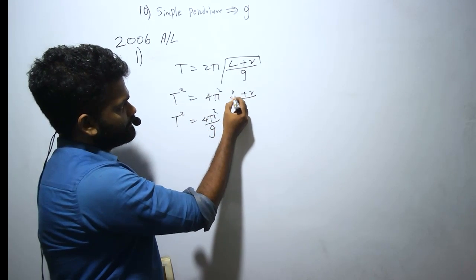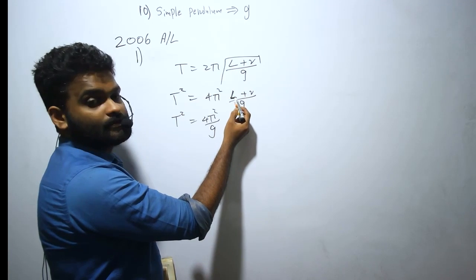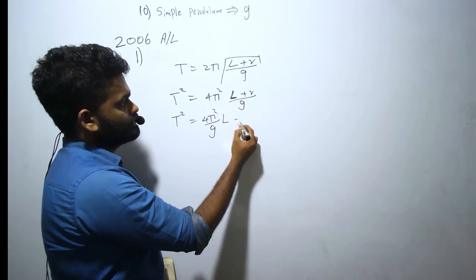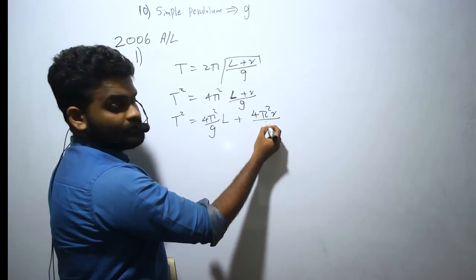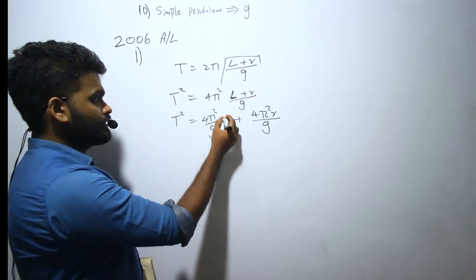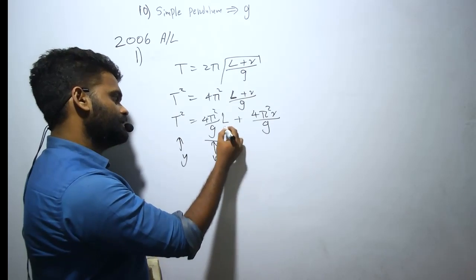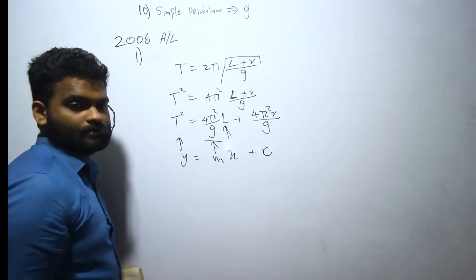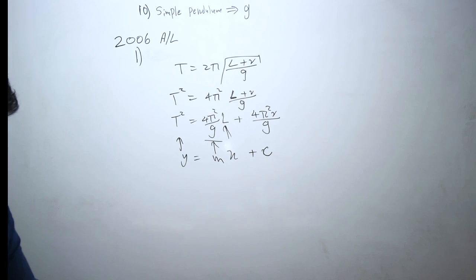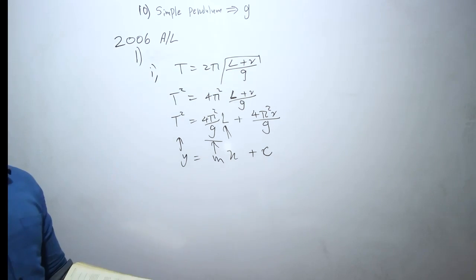So here the x variable is the length of the string. Take L out, plus 4 pi squared R divided by g. So this is y, this becomes m, this is x, and this is c. So this is the answer for the first part.